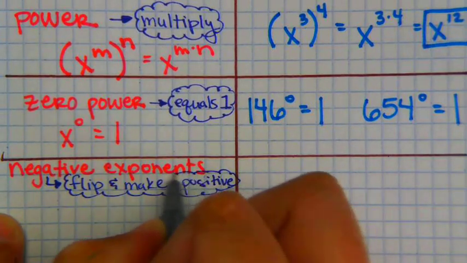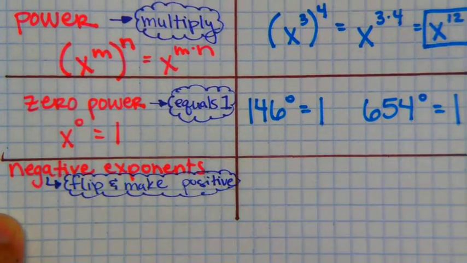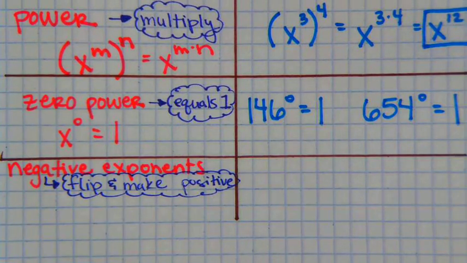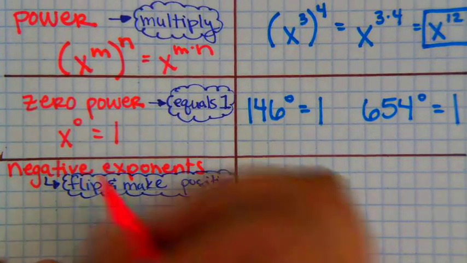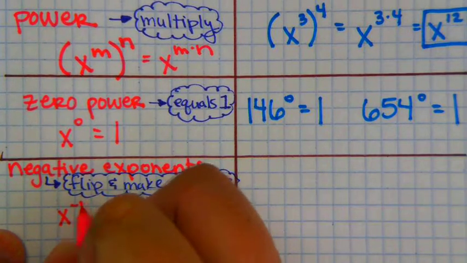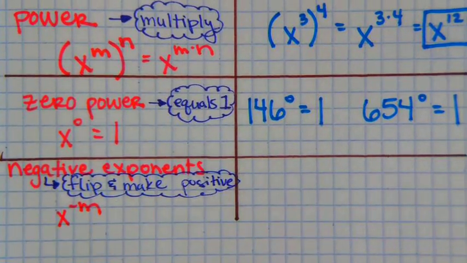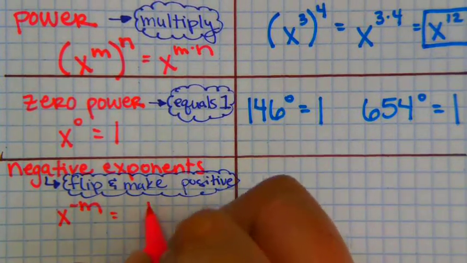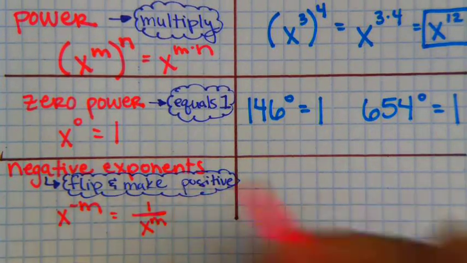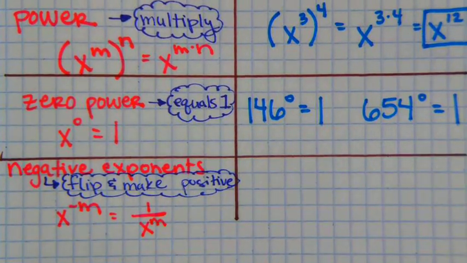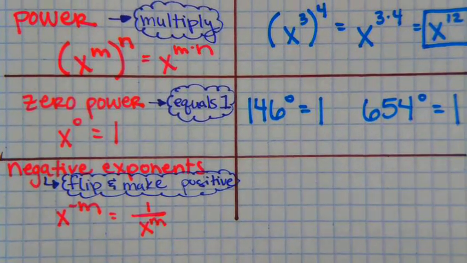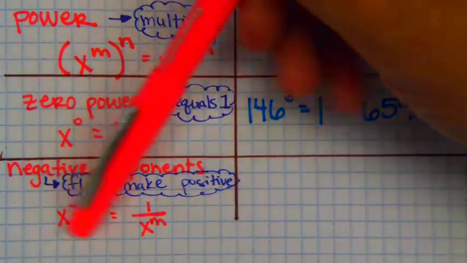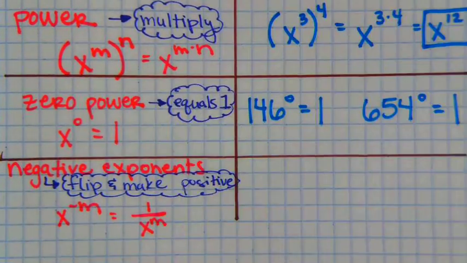And this one's probably the most complicated for students to understand. But if we have x to the negative m, we're going to take that, flip it, and make it positive. So the x to the m goes in the denominator, that's it being flipped, and that m becomes a positive instead of a negative. So we have this negative, it becomes a positive in the denominator.